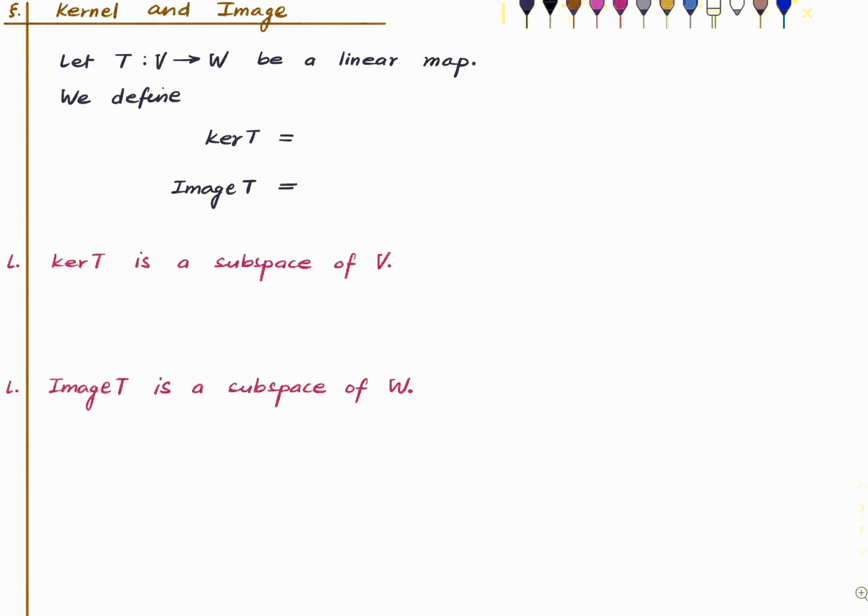So suppose we have a linear map, which means implicitly that V and W are both vector spaces over a same or a common base field. So we have a linear map T. We define the kernel of T as those things in the domain that get killed by T. That is the definition of the kernel of T. This is called the kernel.